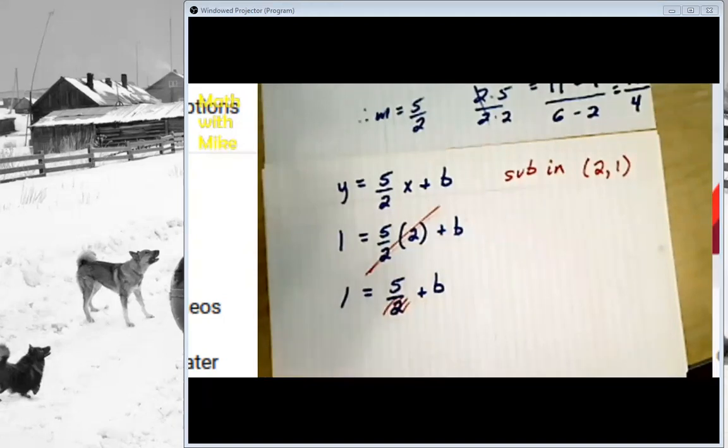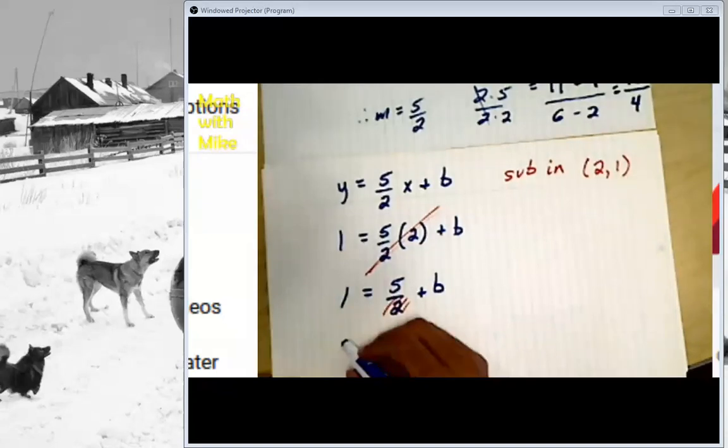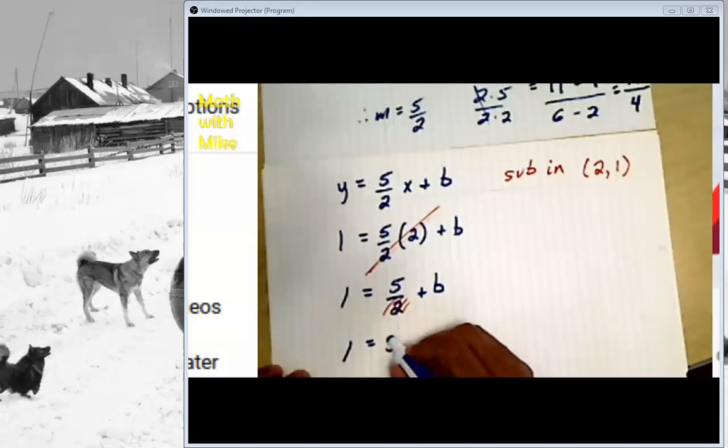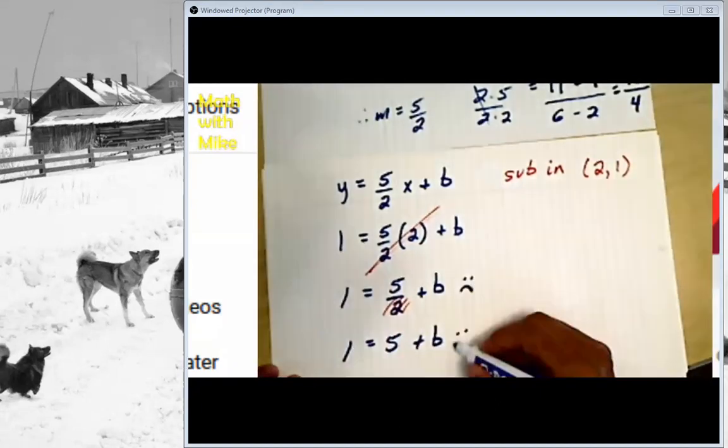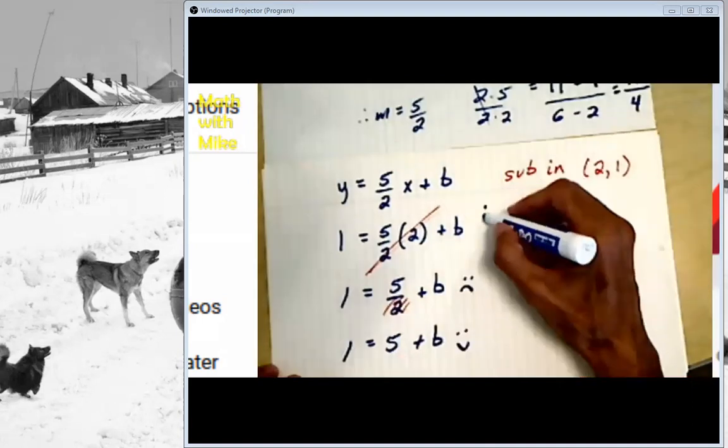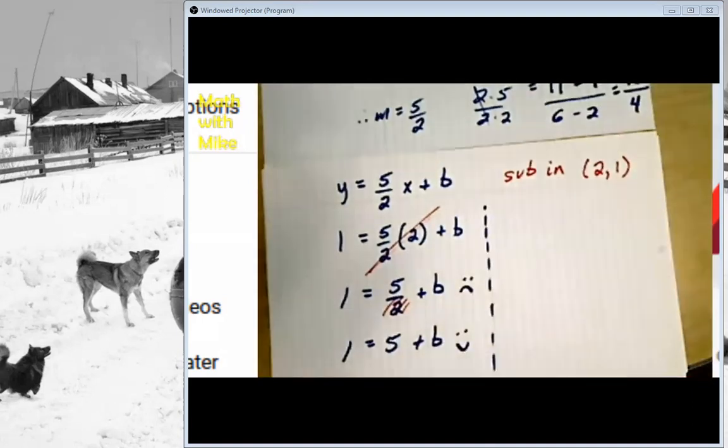Okay, so let's write this line again. What we get when these cross out is 1 is equal to 5 plus b. That's the one we want. You know, we're not there yet. We got to solve for b.